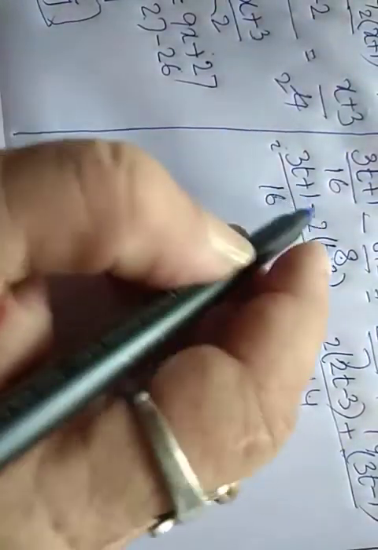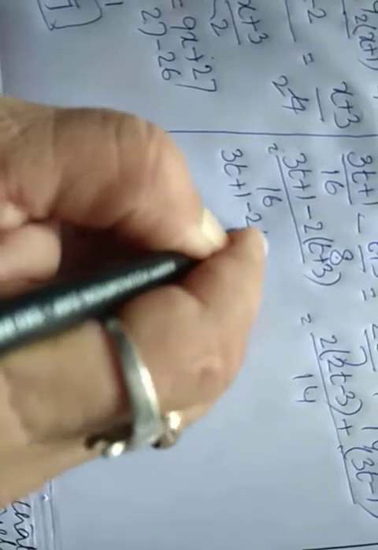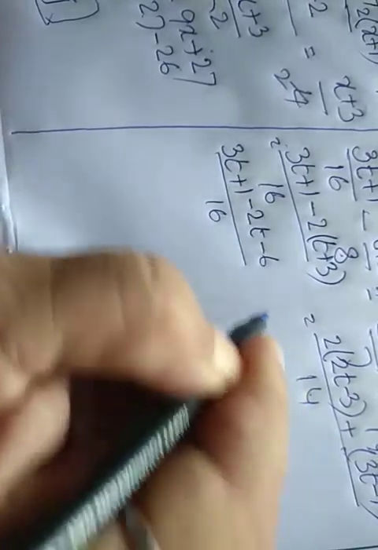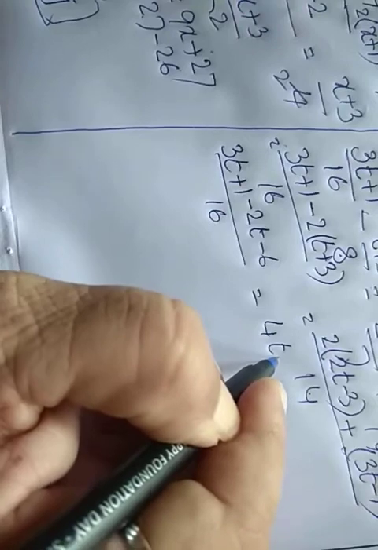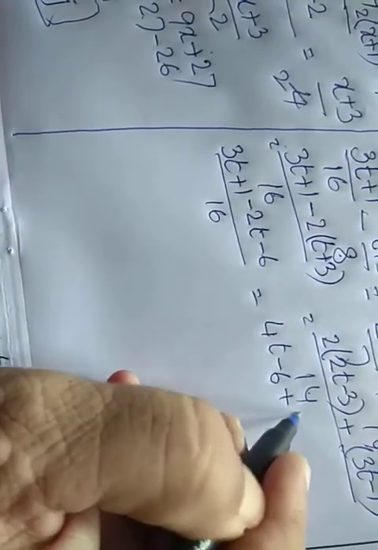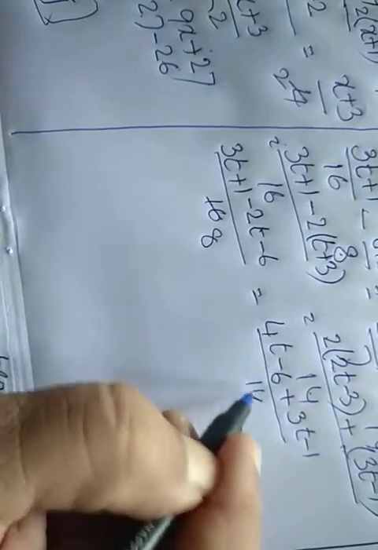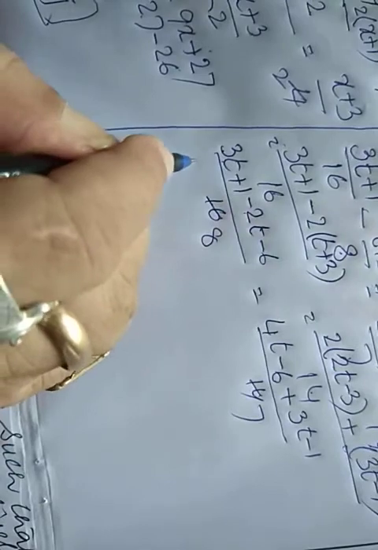So if you open this, 3t plus 1 minus 2t minus 6 by 16 is equal to 2 into 2, 4t minus 6 plus 3t minus 1 by 14. 2 eights are 16, 2 sevens are 14. 3t minus 2t, t.